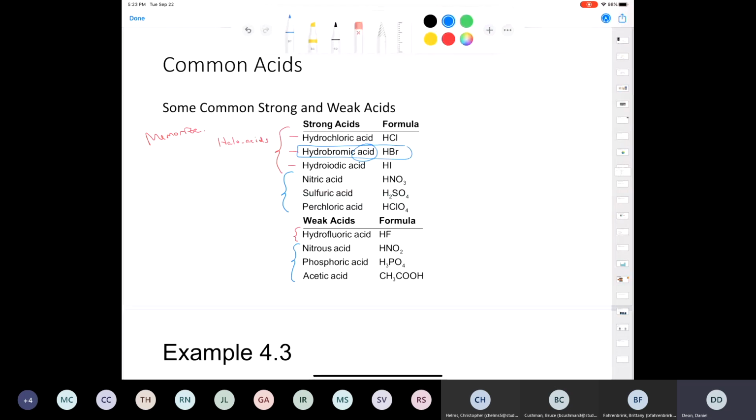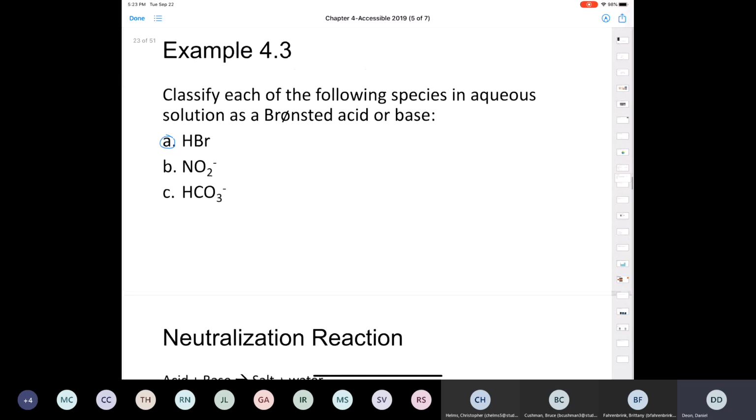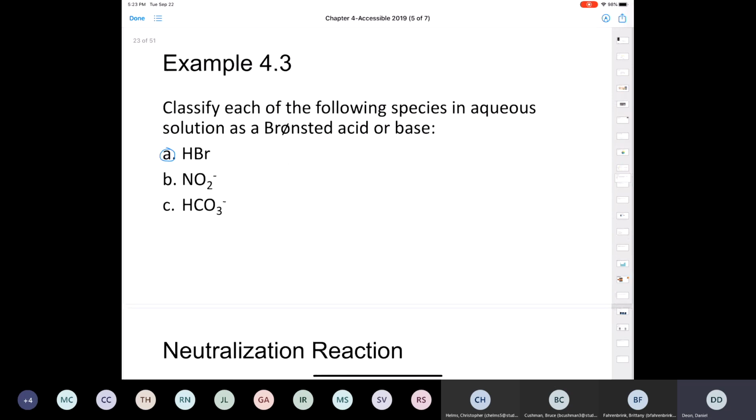So I would say it's probably an acid. Also, what was the definition of a Bronsted acid? A Bronsted acid was an H+ donor. Does HBr have a proton to give up? Absolutely. And so it is an acid. Remember that a Bronsted base is an H+ acceptor.